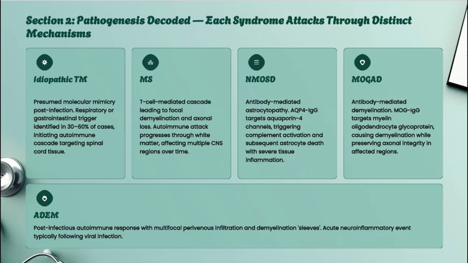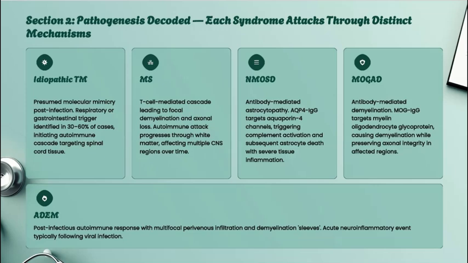This is an antibody-mediated astrocytopathy. Aquaporin 4 antibodies target astrocytic water channels, triggering complement activation, astrocyte destruction, and severe inflammatory injury. This distinction is important because therapies effective in MS may not only fail in NMOSD, but may actually worsen disease.